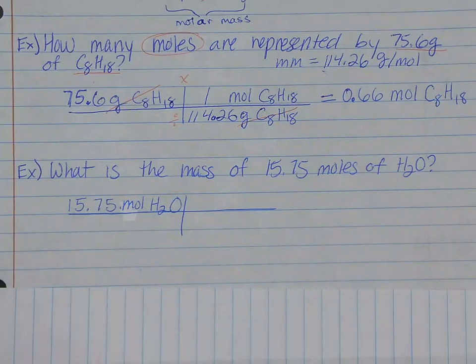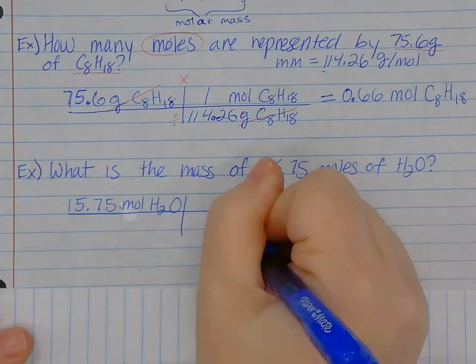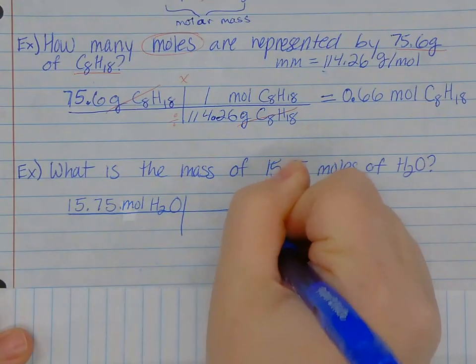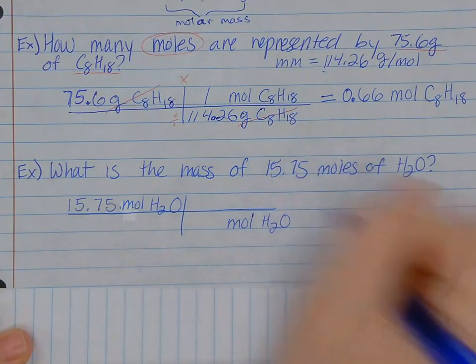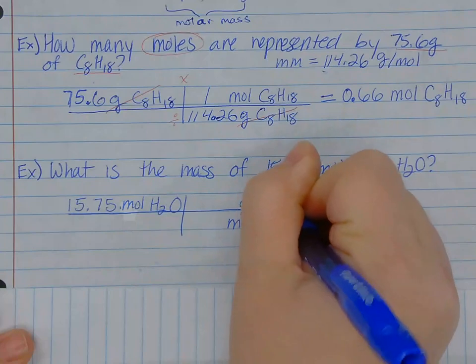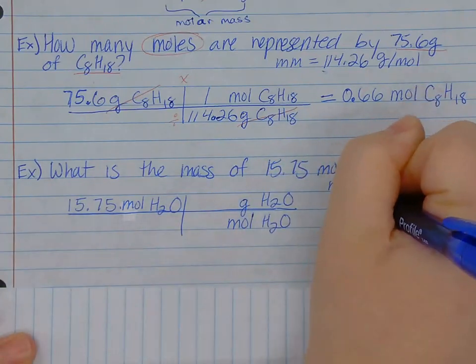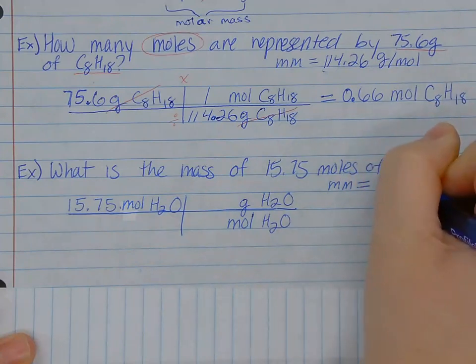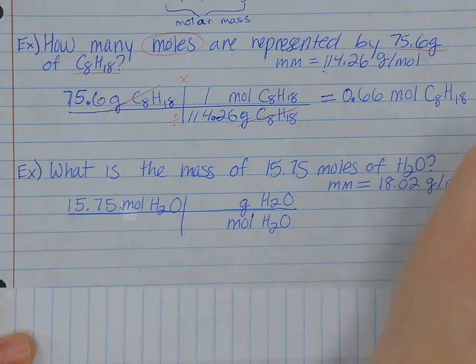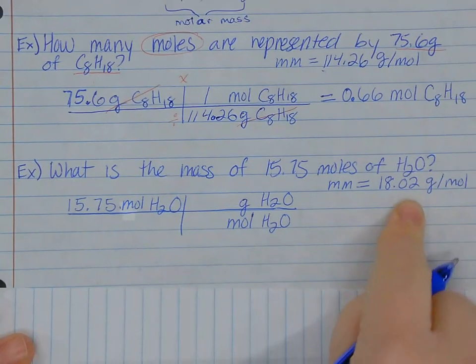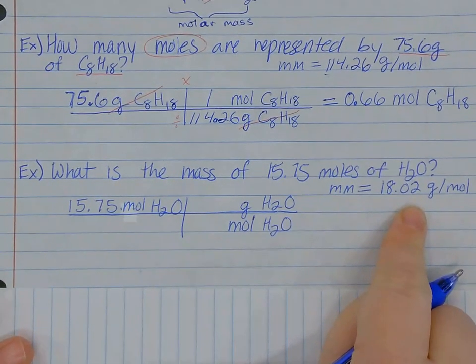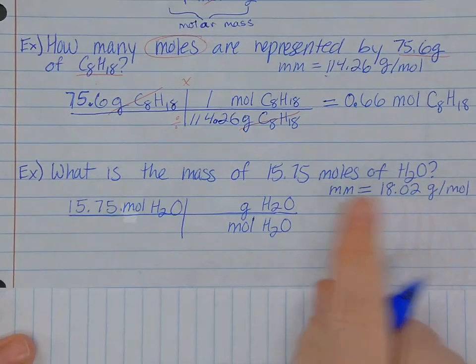All right, so what did you guys put on the bottom for your units? Mole H2O. What did you put on the top? Grams of H2O. All right. For your molar mass of water, what did you find it to be? 18.02 grams per mole. And by the way, with molar mass, we never round them. We like all the digits, all right?